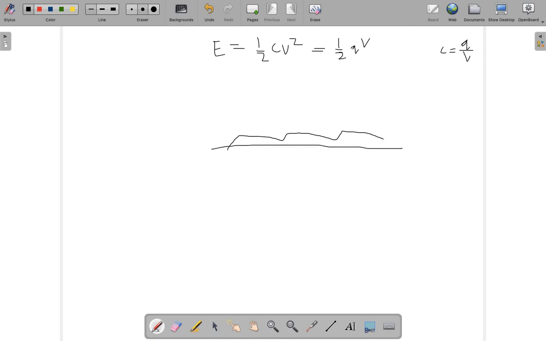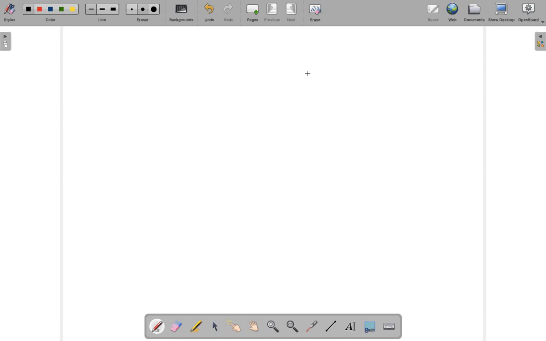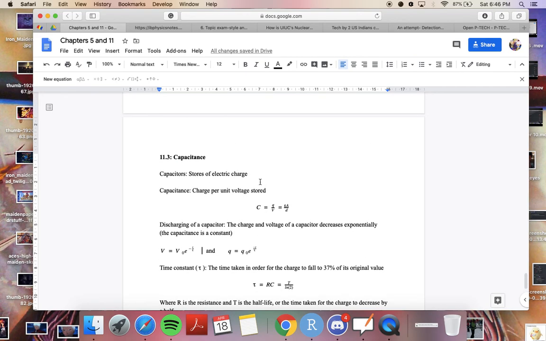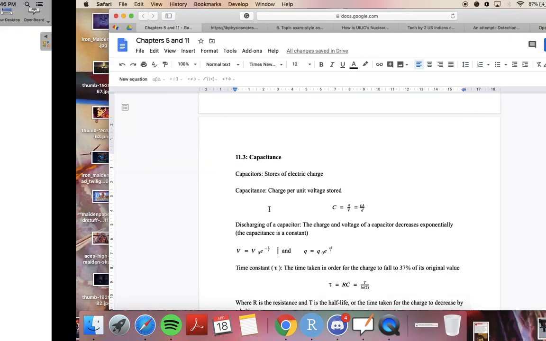Let's say that's the axis, that's our voltage, and that's our time. If you add a capacitor in parallel, you'll get such an output. And that's all for chapter 11. And that's the end of chapter 11.3 as well.